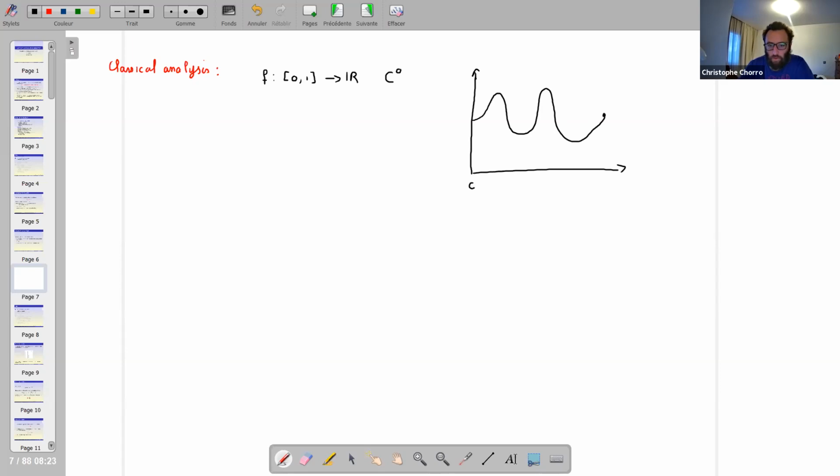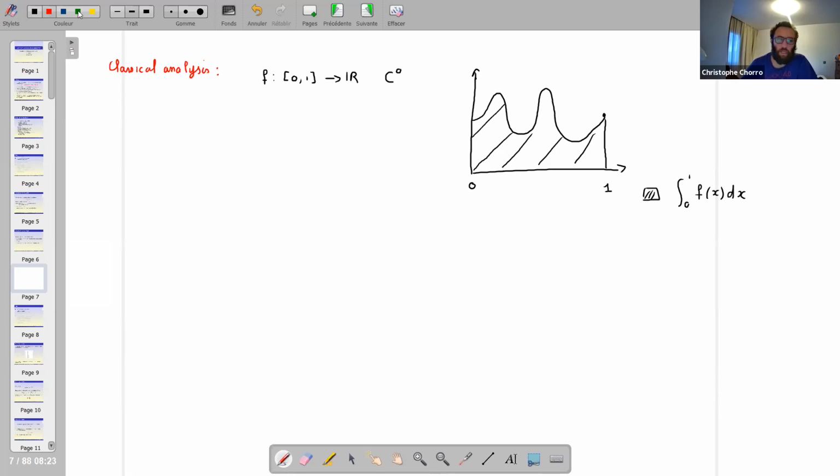So you have 0 here and 1. Because I have a positive mapping, the part in black represents the integral between 0 and 1 of f of x dx. So it's something that I want to approximate.